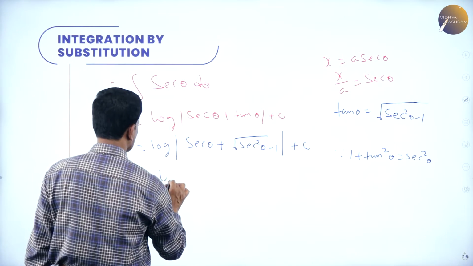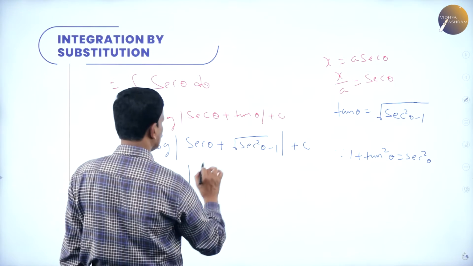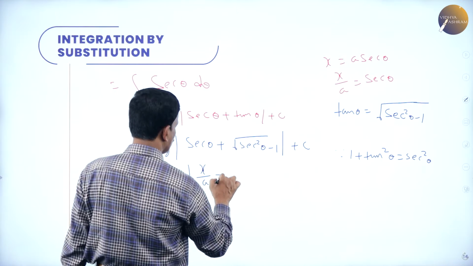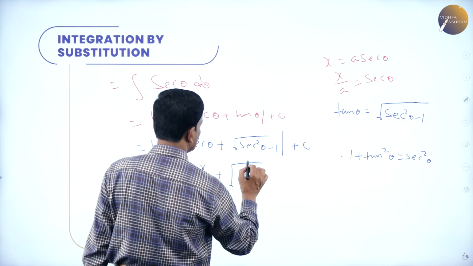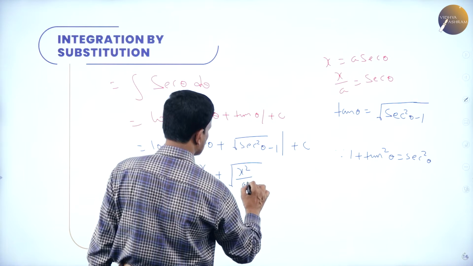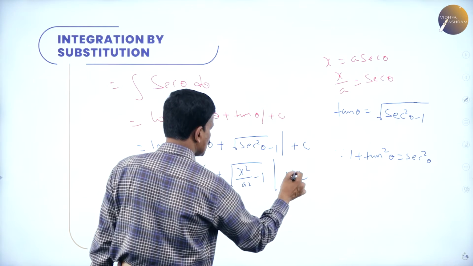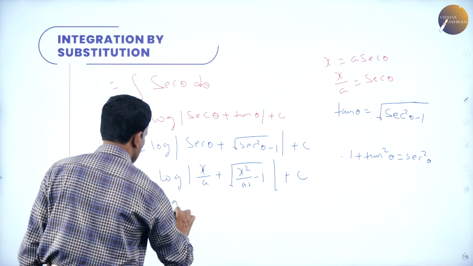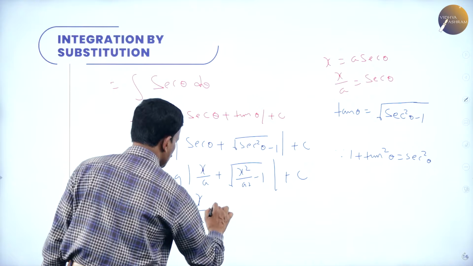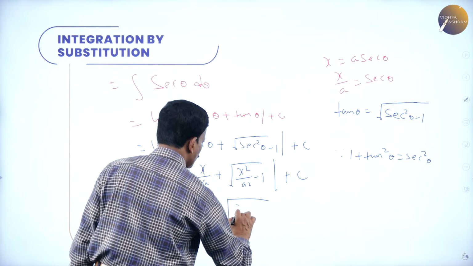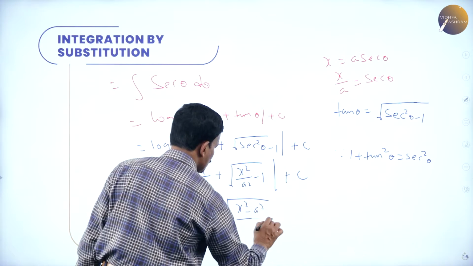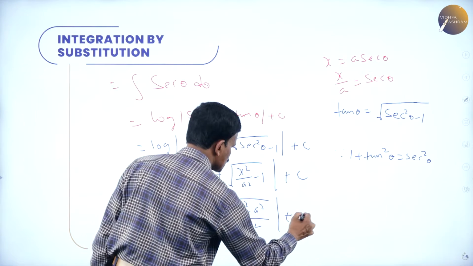Now substitute it. Log of, what is secant theta? x by a. Plus, what is secant square theta? That is nothing but x square by a square minus 1, plus c. Take LCM and simplify. This is log of mod x by a plus root of x square minus a square divided by a square, plus c.